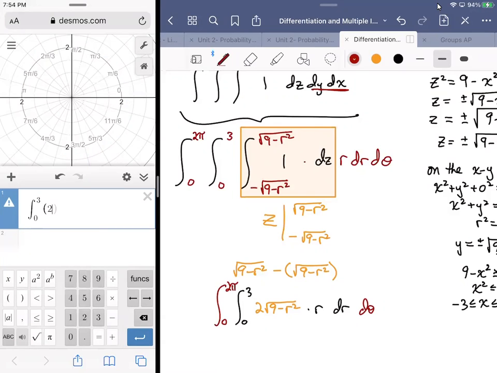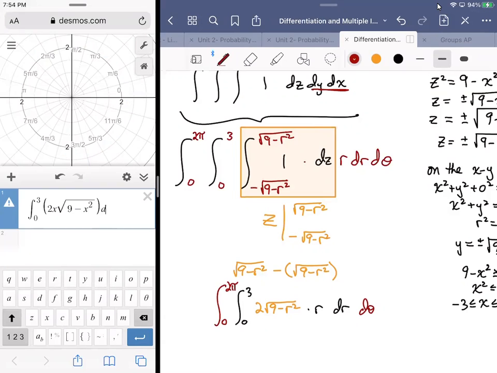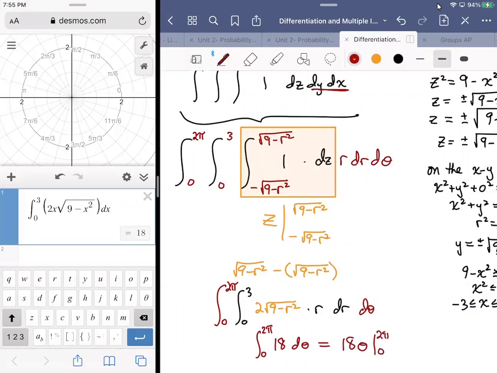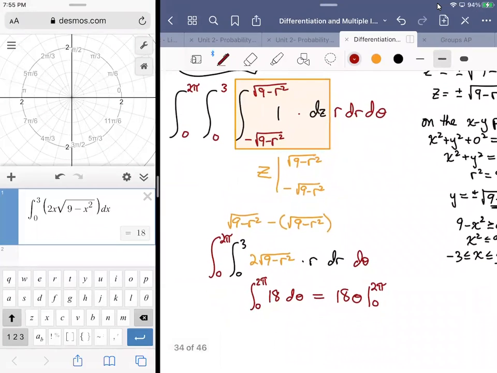I'm going to use the x's, so 2x root 9 minus x squared dx. A clean 18. Very surprising. So 0 to 2 pi d theta, 18 theta over 0 to 2 pi, which means that we're looking at 36 pi.